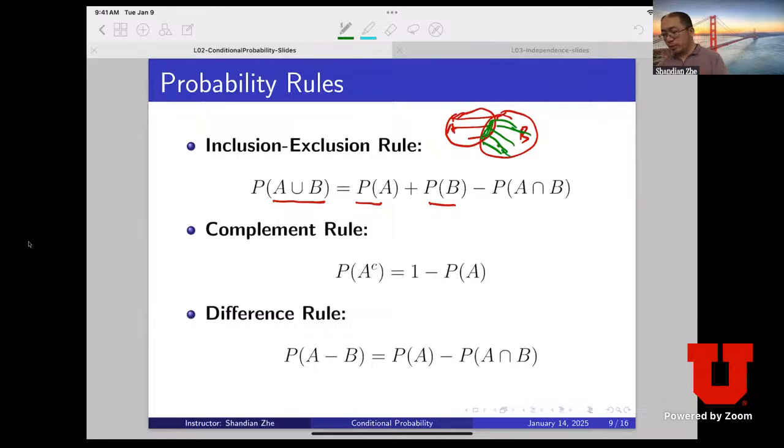That's why we need to subtract the probability of A intersection with B, that is subtracting the overlapping part. So that's the intuitive explanation.